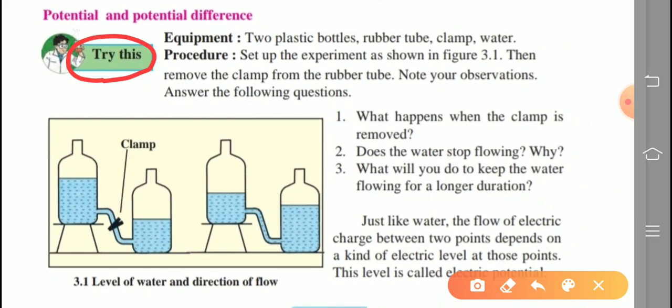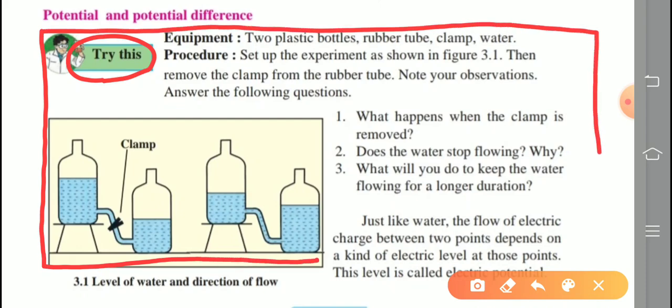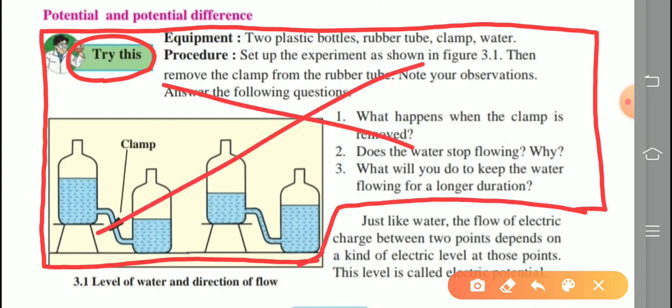So check there what is not asked in the exam. Cancel this. All of you clear? This paragraph, that part, is omitted from our syllabus.